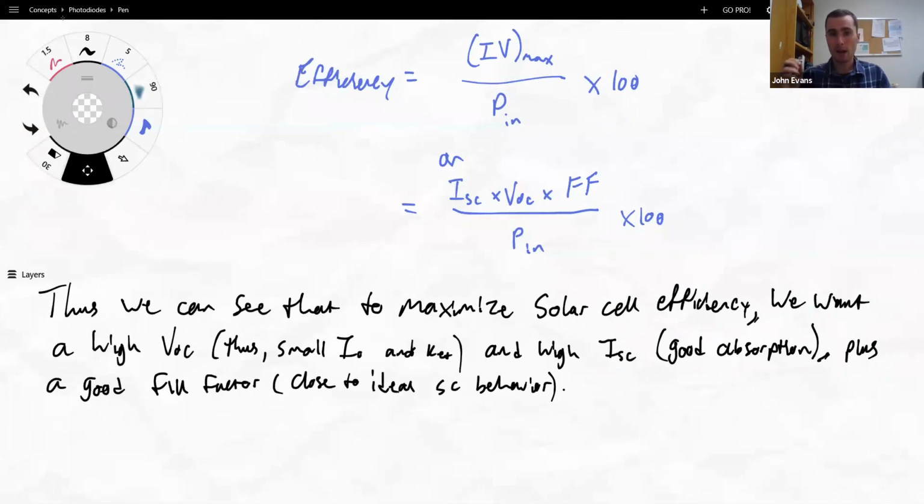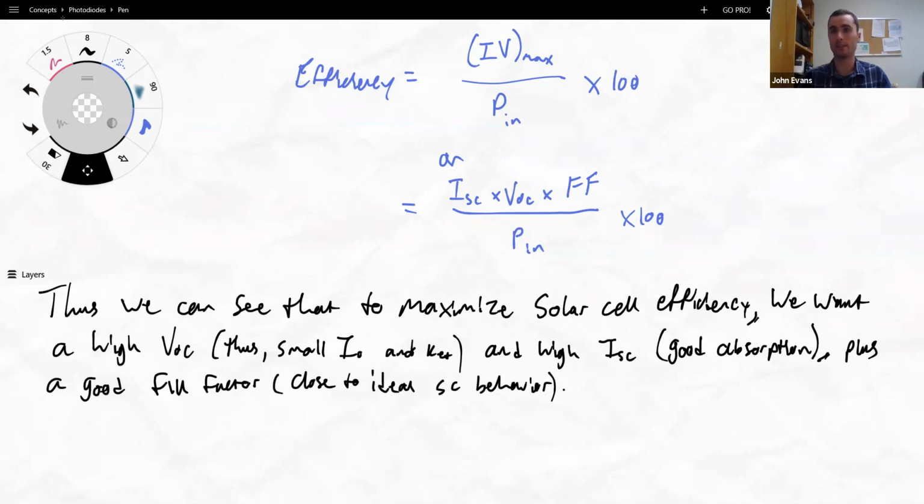So in order to maximize solar cell efficiency, what do we want? We want a high voltage. And the way that we get a high voltage is by getting a small dark saturation current or a bad KET.